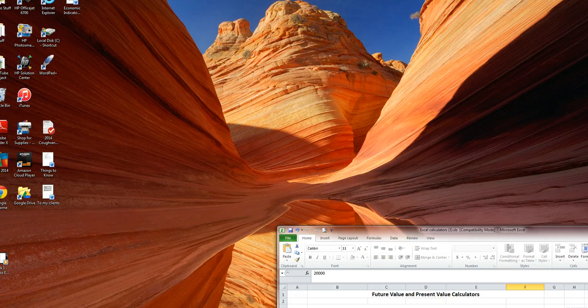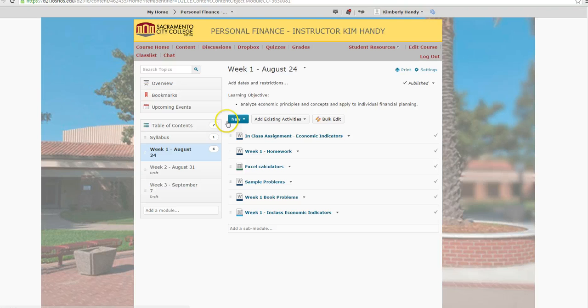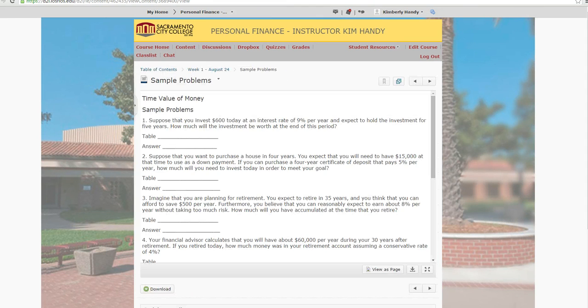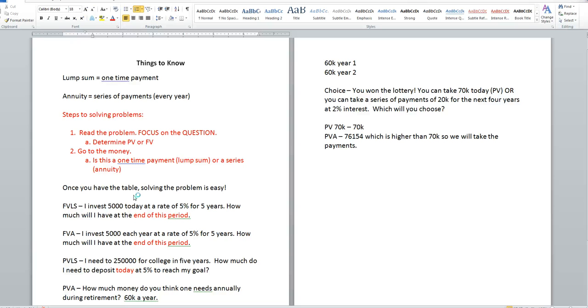Let me go back and open up these sample problems. I'm just going to go over a couple of these, but I'm going to try to use the steps that I'm going to explain to you to see if it'll help you always come up with the correct answer.